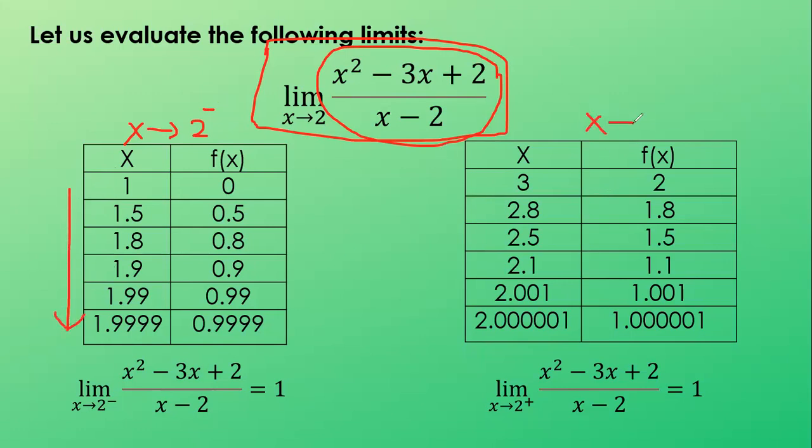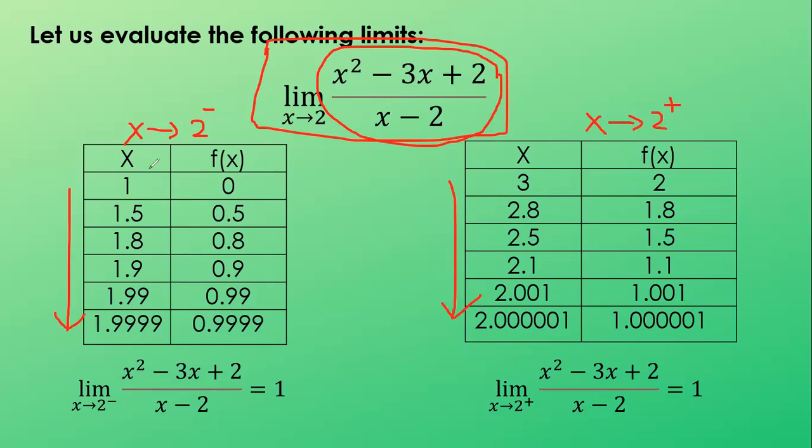And yung nasa right ay x approaches 2 from the right. Mapapansin din natin, the values are greater than 2, but it gets closer and closer to 2. Okay? So, nung sinubstitute ang bawat value of x, okay, so we got the values for f of x.